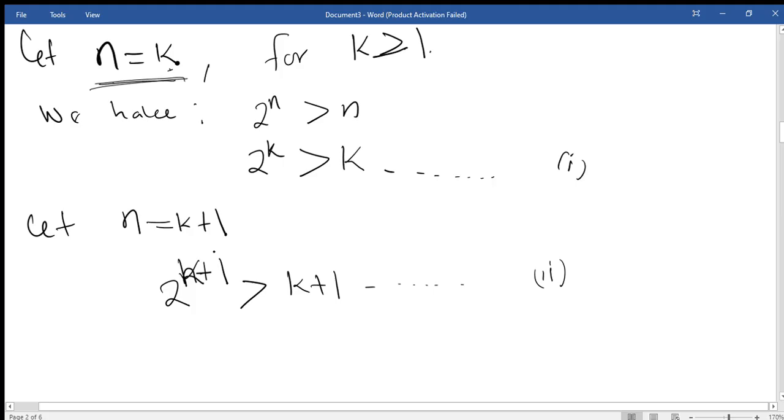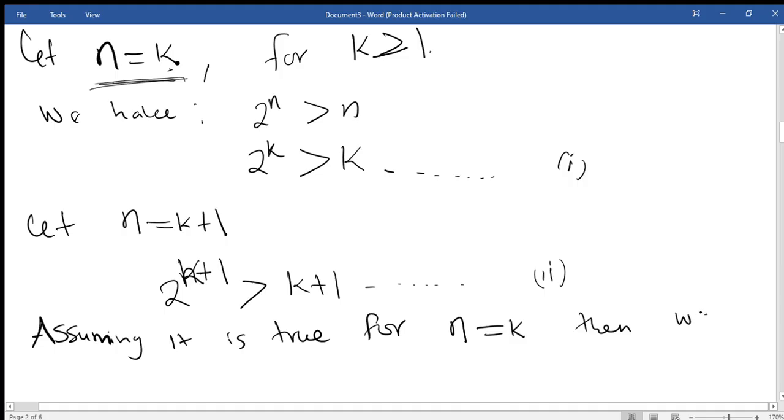So you write that statement: assuming it is true for n equals k, then we need to show that it is also true for n equals k plus 1.